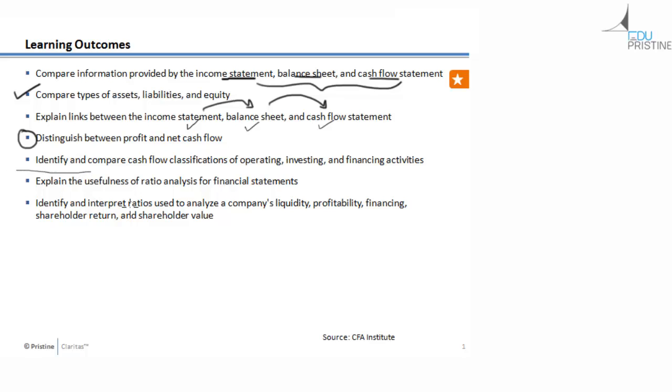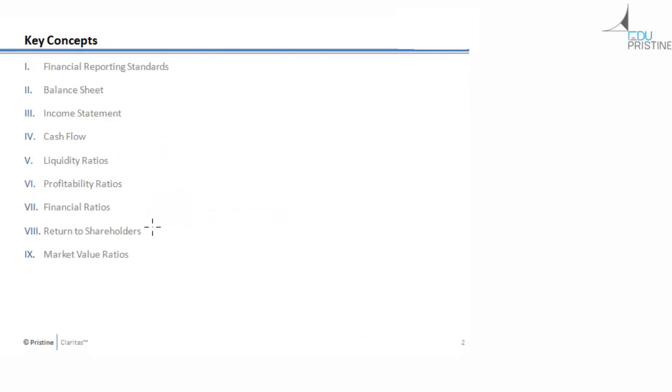Once the basic understanding of financial statement is done, we are going to talk about a little bit of analysis part using ratio analysis and getting a little deeper into different categories of ratios like liquidity, profitability, financing, etc. Well, if you just summarize the key concepts and the order in which we are going to talk about it, it says financial statement, balance sheet, income statement, then the cash flows, then some bit of ratios.